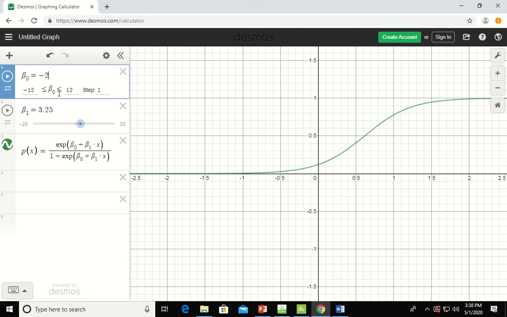So minus the high, e to the beta naught plus beta 1x, and then we need to take the derivative of this denominator. Well, the derivative of 1 is 0, and so we get e to the beta naught plus beta 1x times beta 1.